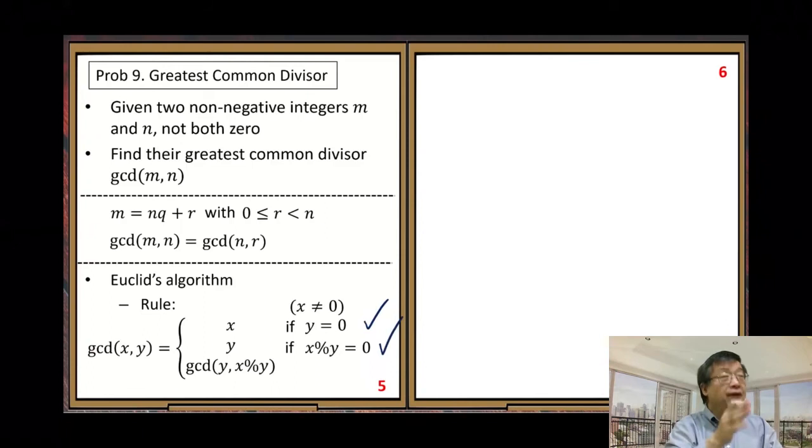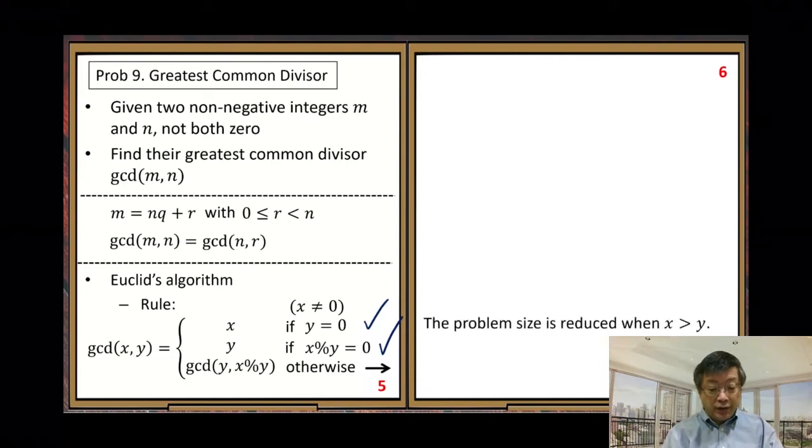Then the remaining regular case is recursion, problem size reduction: GCD of y comma x mod y, the remainder x percent sign y. That's simple. That's Euclid's algorithm. You can easily see the problem size reduction when you use this formula.